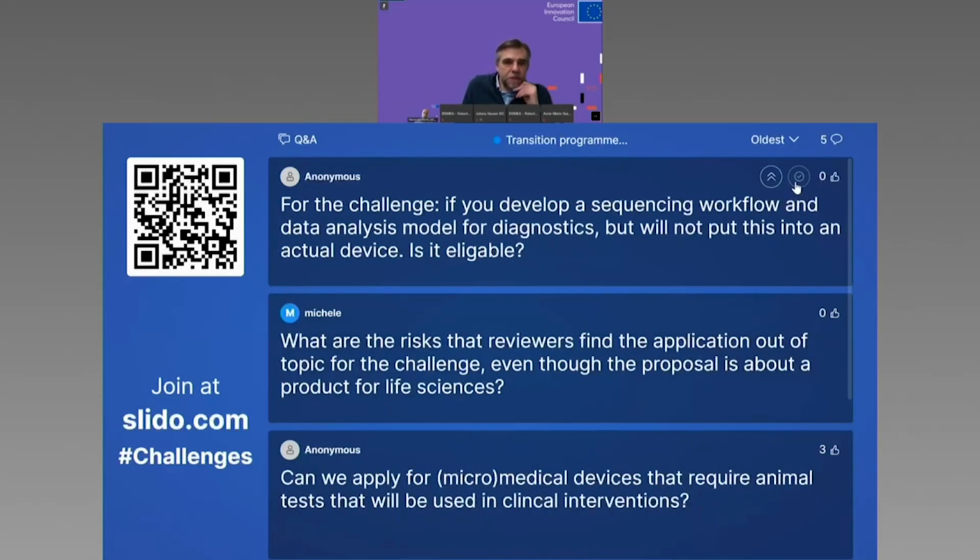If you develop a sequencing workflow and data analysis model for diagnostics, but will not put this into an actual device, is it eligible? Well, this could be something to look at because it could be software, you could have algorithms, the hardware behind them.